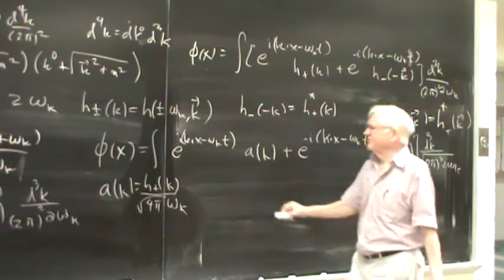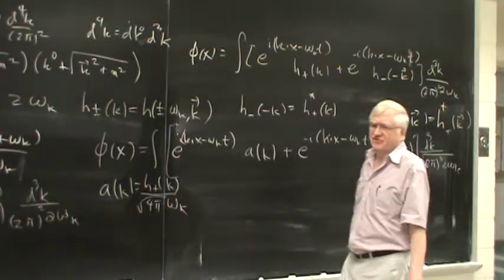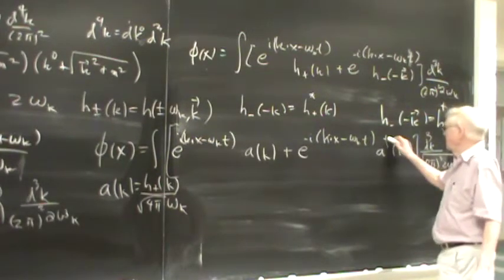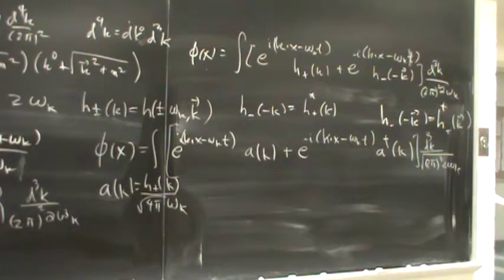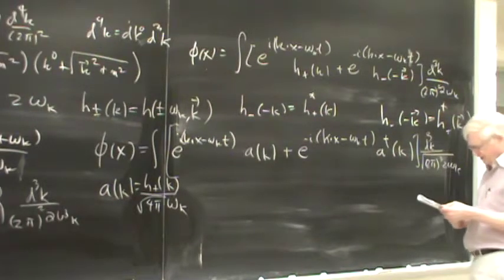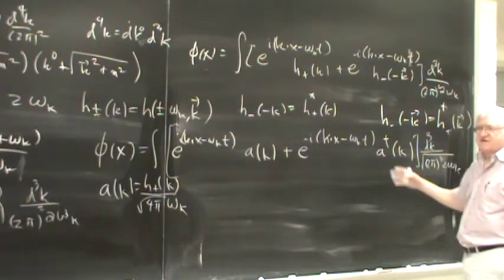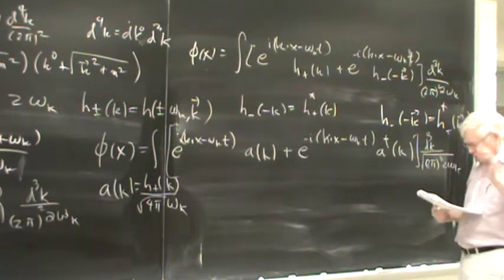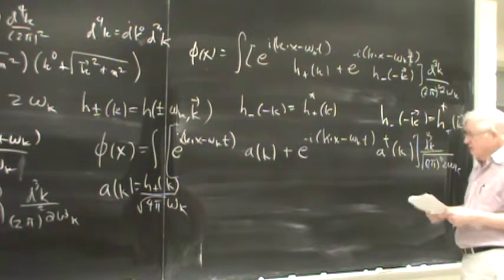So this is the standard formula for a scalar field. Anyway, I think I'll skip the rest of this example. I urge you to read it, though. It's just a few more lines, 10 lines or something.